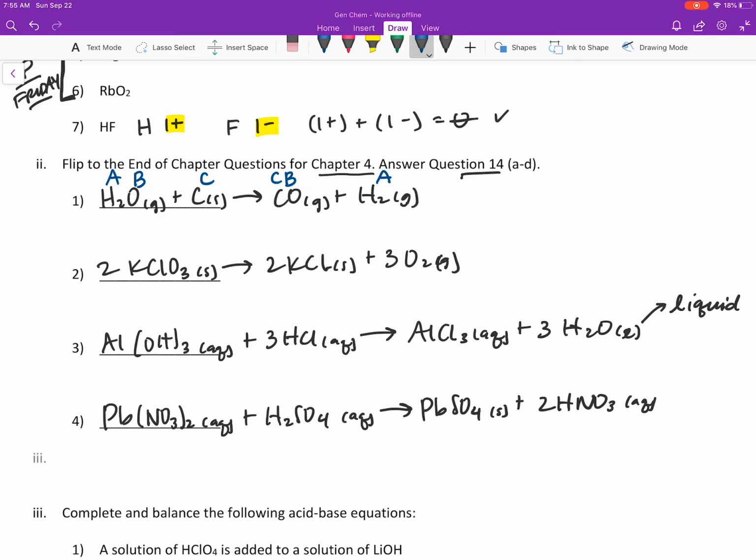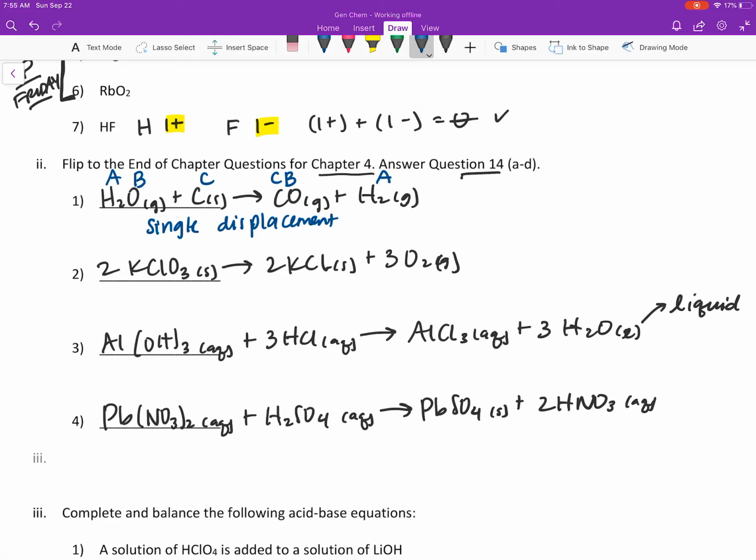And if I write it this way, this may look more familiar to you as a single displacement, because the element that has C written above it is displacing A on the first reactant, which is my hydrogen gas.